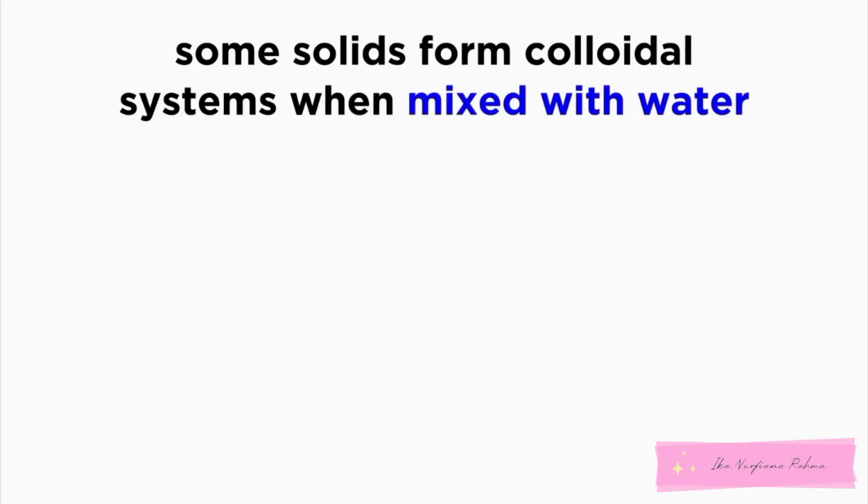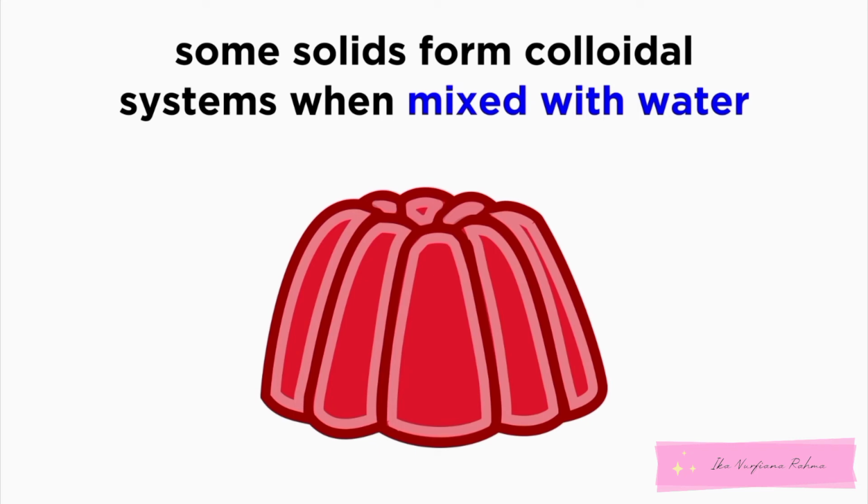There are also some solid substances that spontaneously form colloidal systems when mixed with water, like gelatin or starch. These substances contain particles that are already of colloidal size. The water simply disperses them.